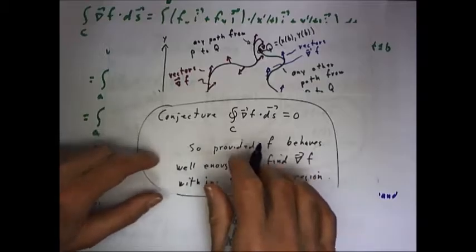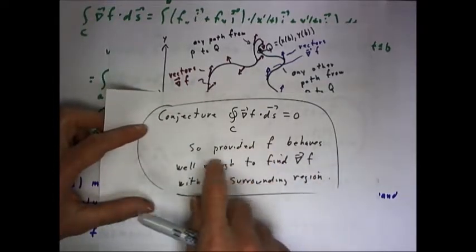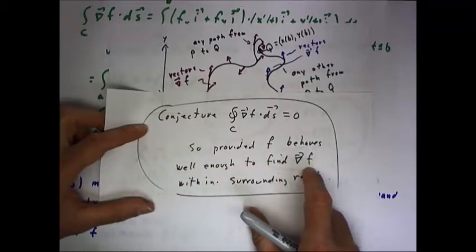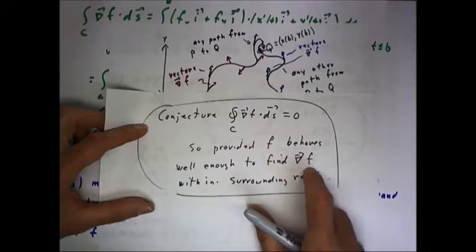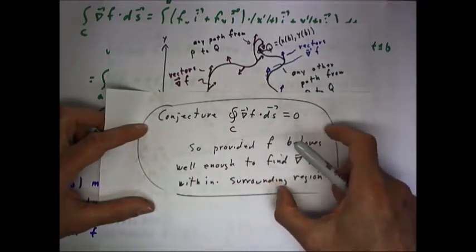And the way the proof is generally done and stated in a textbook, you'll find that the conditions for the behavior of the function f and the behavior of the function del f, and also the behavior of the curve, are nicely defined.